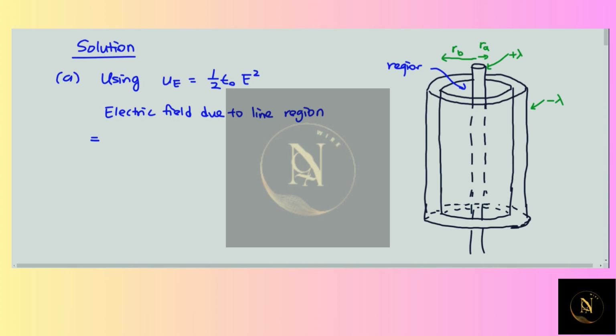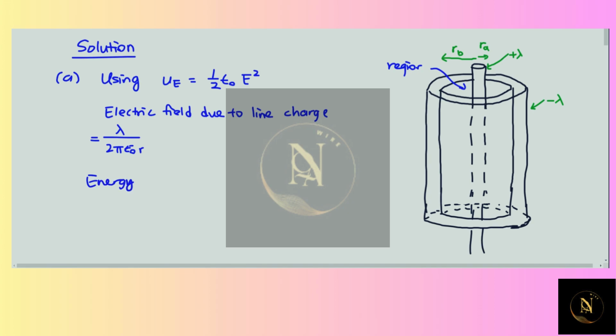The one at the cylindrical shell doesn't contribute, because of Gauss's law. Referring to the chapter on Gauss's law, the electric field is lambda over 2 pi epsilon naught r. Then you can just substitute.